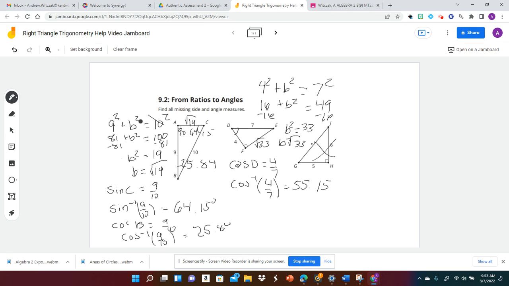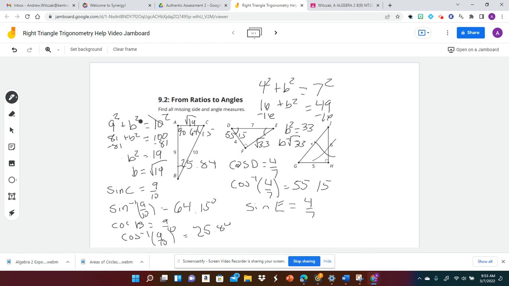And then on here, we have to find E. So E, we could say we have the opposite over the hypotenuse. So the sine of E is equal to the opposite over the hypotenuse, so 4 over 7.